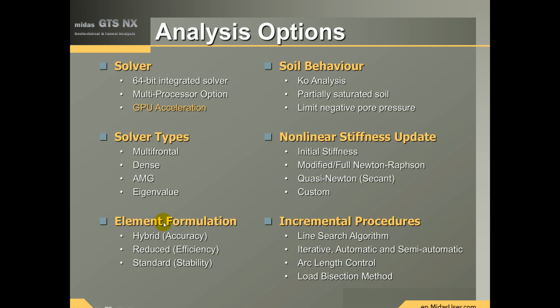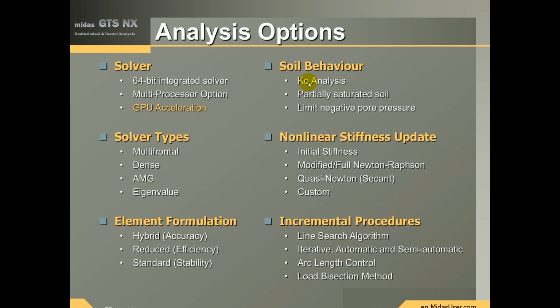For the element formulation, before mesh generation you can choose the element formulation based on expected element behavior. By default, standard formulations with typical element behavior and integration points is activated, but you can switch to hybrid or reduced formulation with a lesser number of integration points for faster calculations.